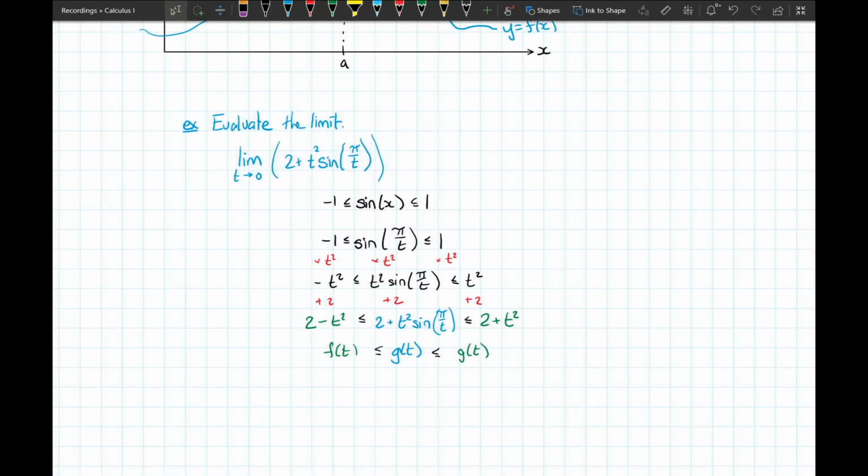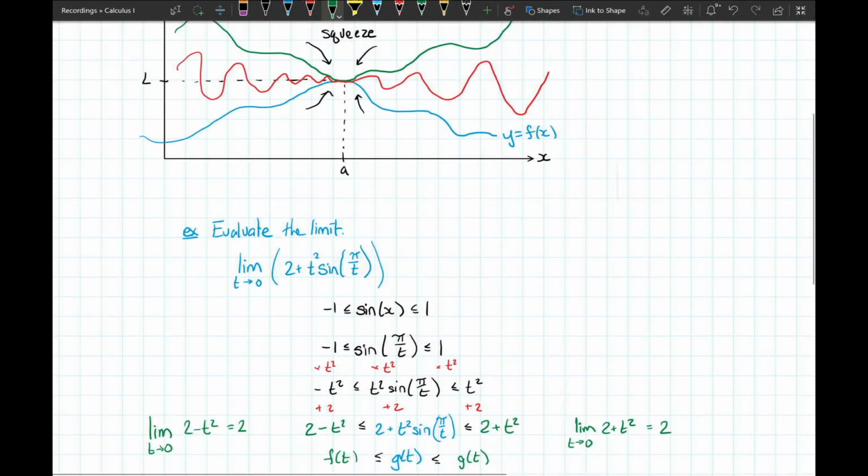So we're going to take each of these individual functions, 2 minus t squared, and take the limit as t approaches 0 and see what we end up with. Sure enough, easy to evaluate, it is just equal to 2, just by using limit laws there. And on the right hand side, take the function 2 plus t squared and take the limit as t approaches 0 there, and you see that's also equal to 2.